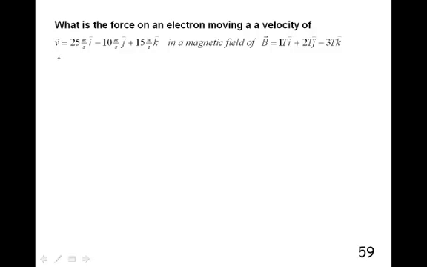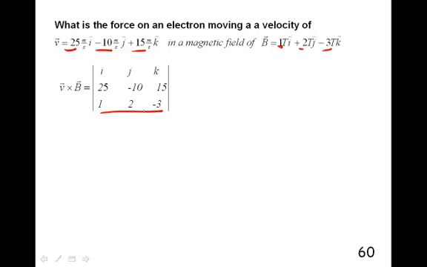So let's say we have the velocity of an electron that's moving through a magnetic field with the magnetic field strength of 1, 2, -3 teslas given by that vector. All right. So the first thing we do is we write our IJK in our little 3x3 matrix, and then I put the 25, -10, and 15 in the slots for those in that second row, and I put the 1, 2, and -3 in the slots in my third row of my little 3x3 matrix.